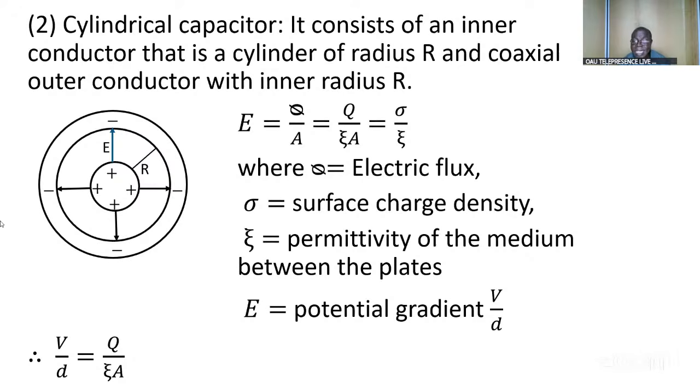Don't forget, when you say density, it can be in terms of charge divided by area, or it can be divided by volume. But in this one, since we are saying surface, that's why we divide by A. So surface charge density is given by Q all over A. And if you put that in, that's why you have the epsilon, the dielectric, which is the permittivity of the material.